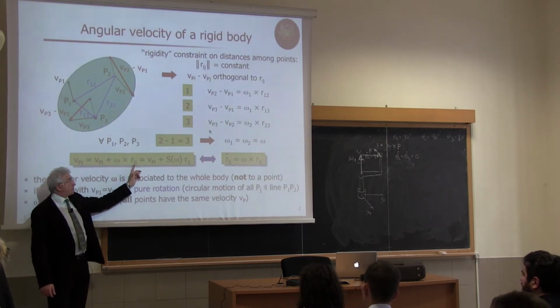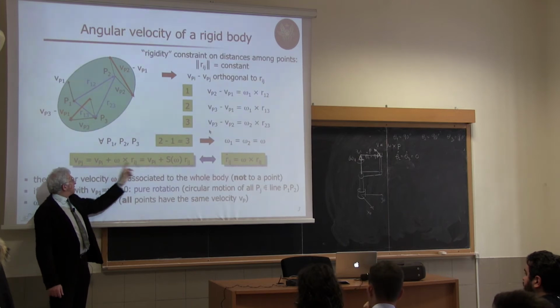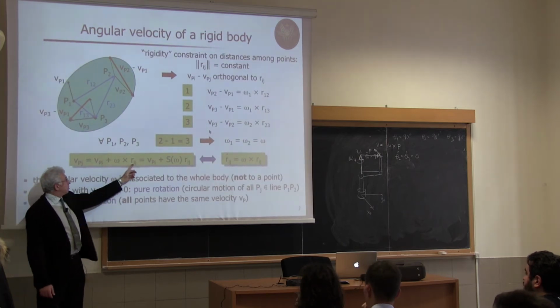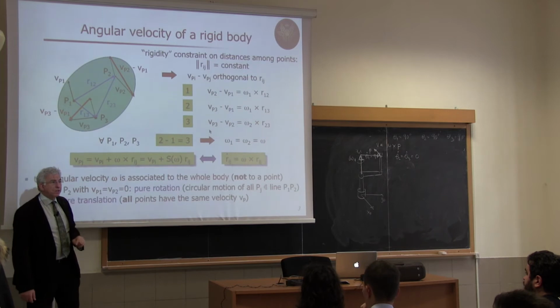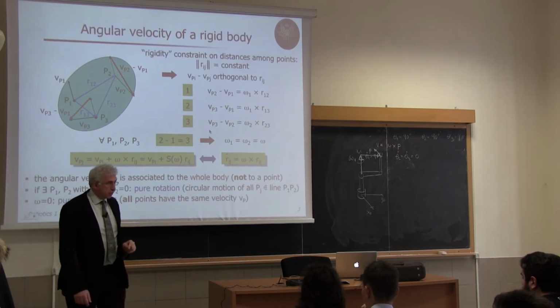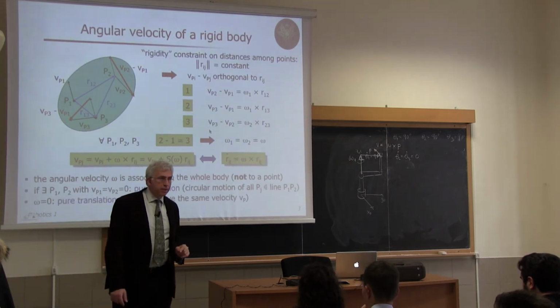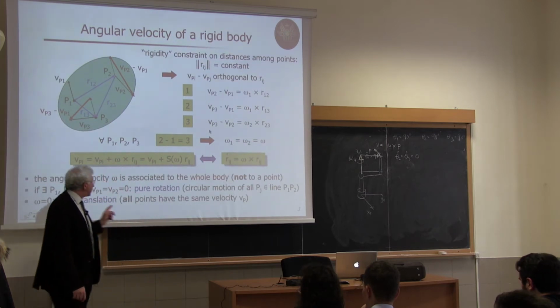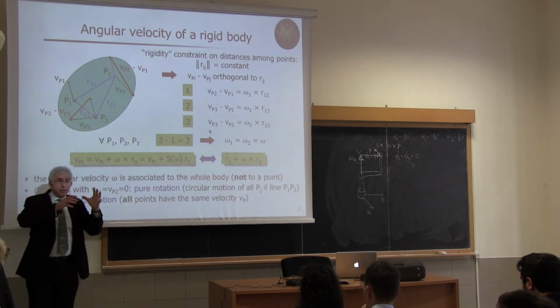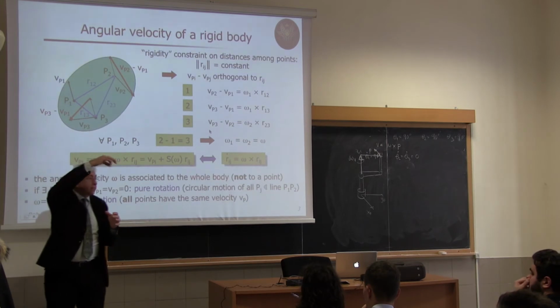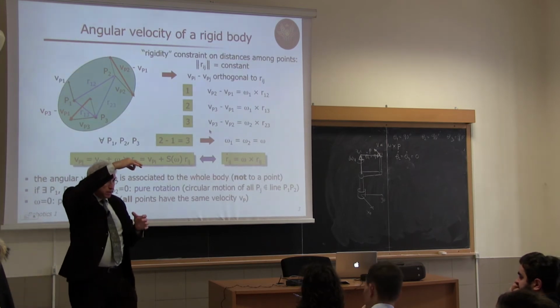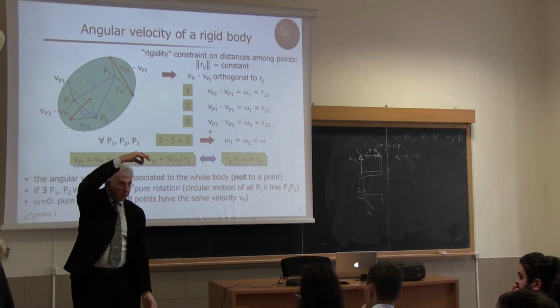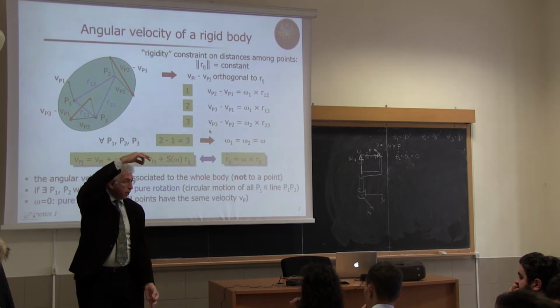Unless the new point has a distance from this one which is aligned with the direction of the angular velocity. Okay? And this says that if I take the Earth, the pole has 0 velocity. So all points on this axis have 0 velocity as well. Why?